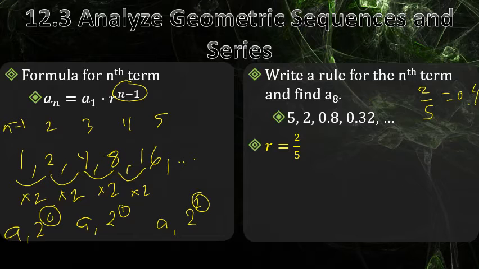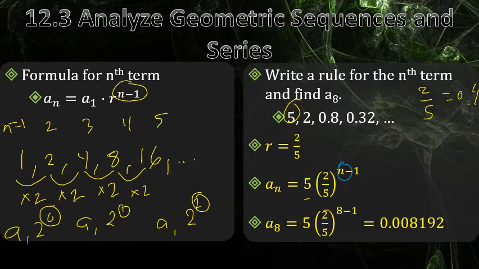So I know my r is 2/5. My a1 is obviously 5. So fill it into the formula. an equals a1 r to the n minus 1. Now to find a8, I simply put an 8 in for the n, run it through my calculator. That is a8.